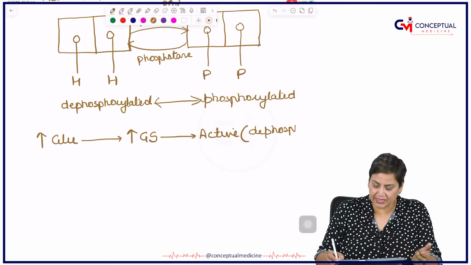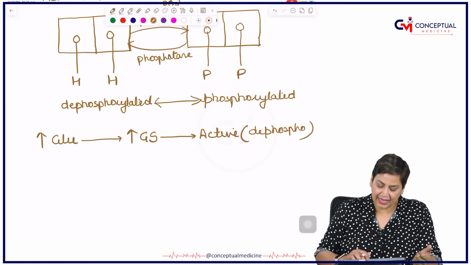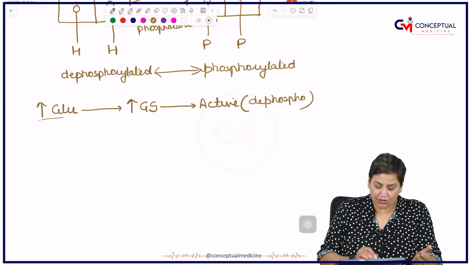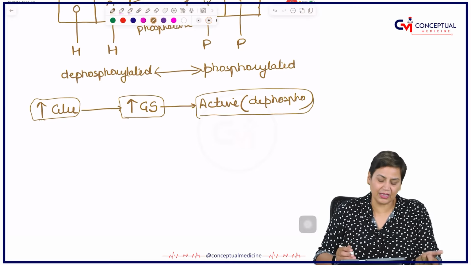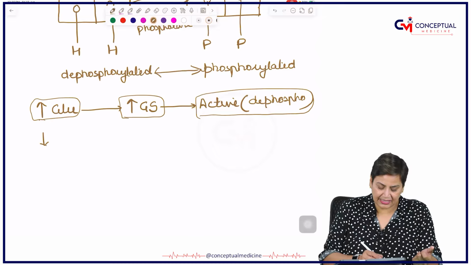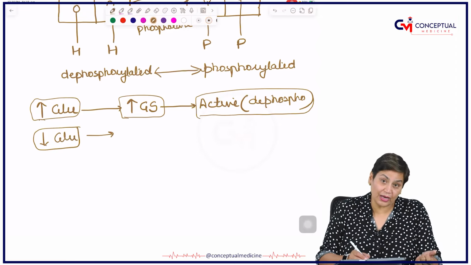We are going to discuss this again in the metabolism of glycogen. Similarly, when concentration of glucose is more, glycogen synthesis will be more and the active form will be dephosphorylated. On the other hand, when there is less glucose, body will be obviously triggered to form glucose. That means glycogenolysis will be more.